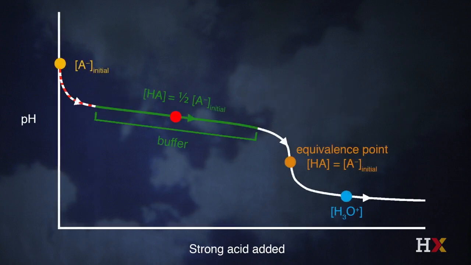And so as we work our way along this buffer curve, that's what's happening, because we strike the buffer region just as we did in the addition of a strong base to an acid. So let's take this key point that we have a one-to-one conversion of the acetate anion to the acetic acid molecule for each H3O plus that's added.